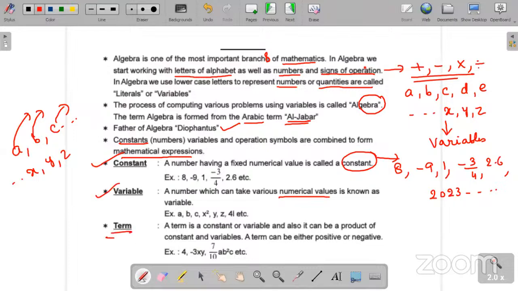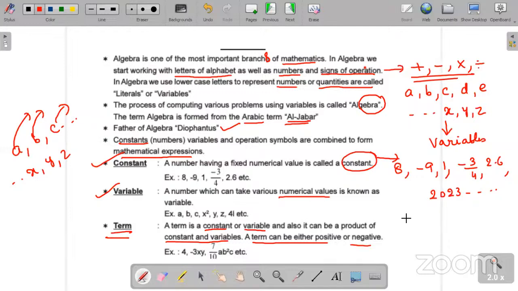So what is a term? A term is a constant or variable, and also it can be a product of constant and variables. A term can be either positive or negative. That means, for example, a constant itself is a term, or a variable is a term, or a product of both constant and variables is also a term. Sometimes a term can be positive, sometimes negative.